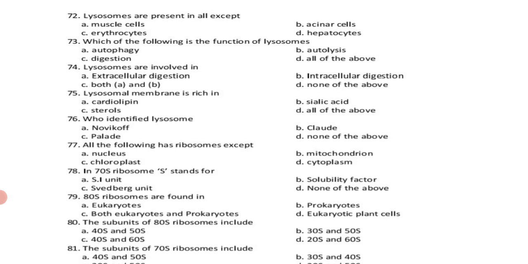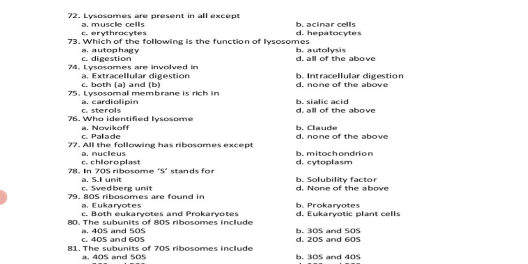Then question number 77, all of the following has ribosomes except. Chloroplast, 70S ribosomes are there. Mitochondria, 70S ribosomes are there. Cytoplasm, in case of prokaryotic cytoplasm, 70S type of ribosomes are there.